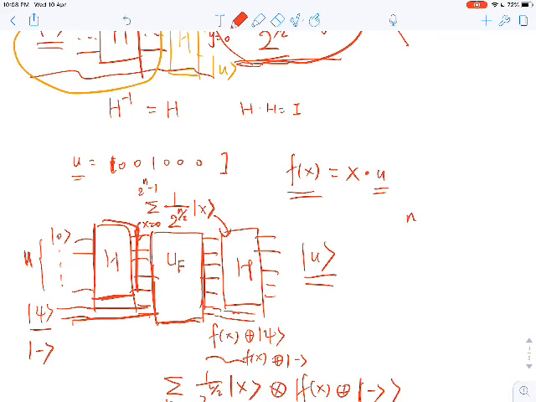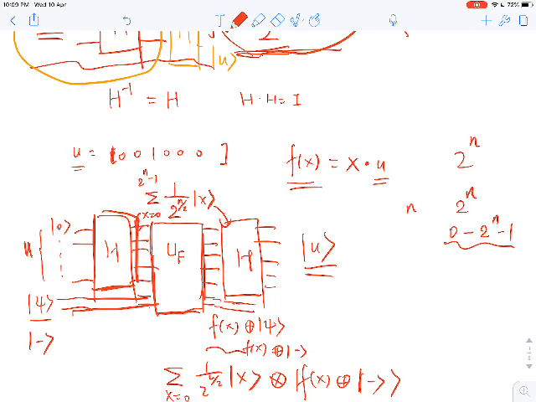With n qubits, we can denote 2 to the power n numbers, from 0 to 2^n minus 1. But traditionally we will need 2^n inputs x, and 2^n times to get the final equations to solve for u.